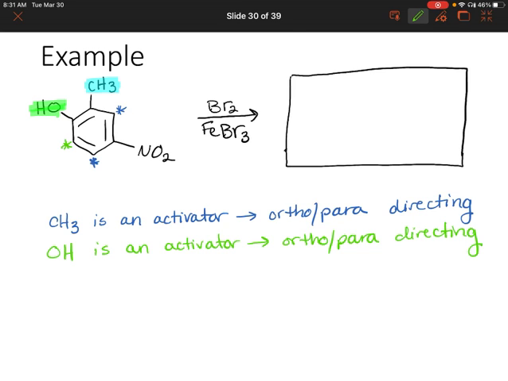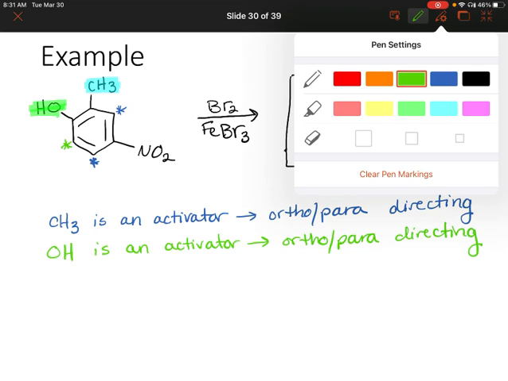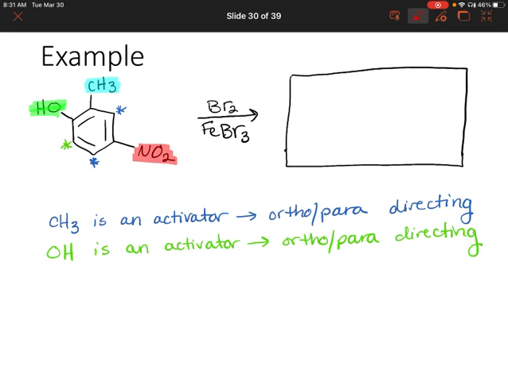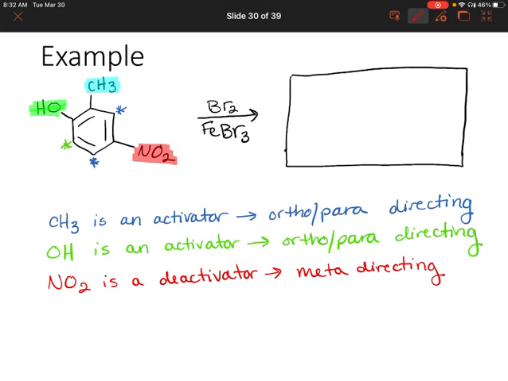All right, and last but not least, let's look at the nitro group. Previously we said that NO2 is a deactivator, and that means it's a meta-directing group. So let's look at the meta positions for NO2.